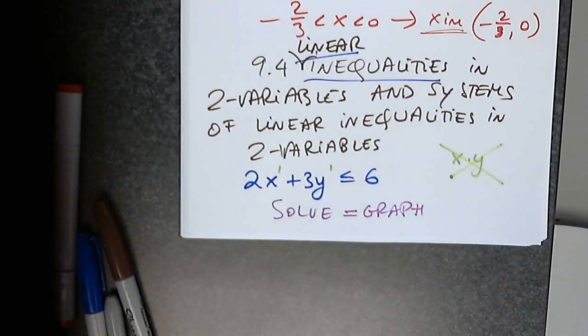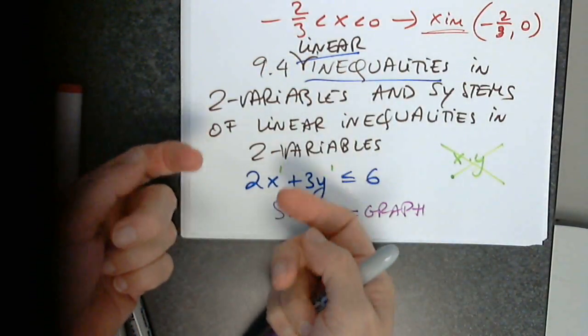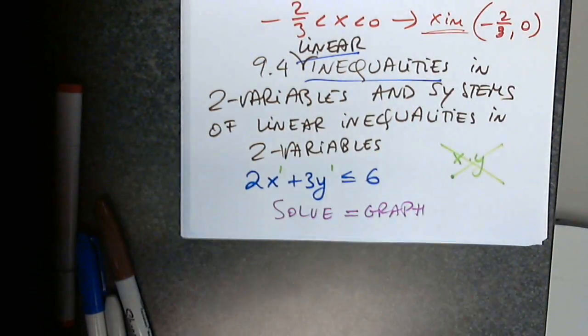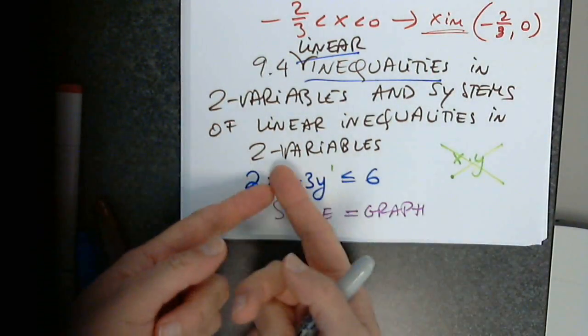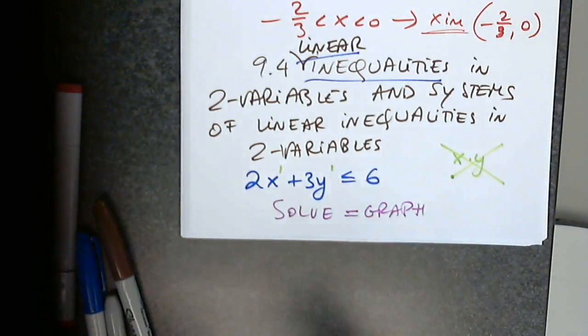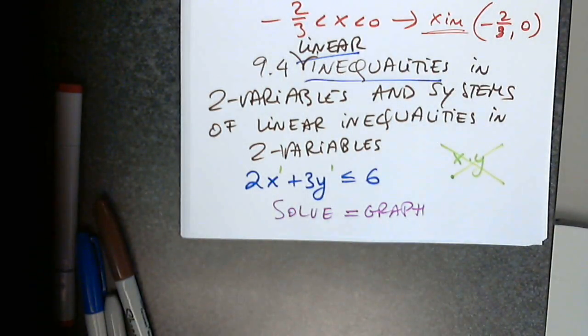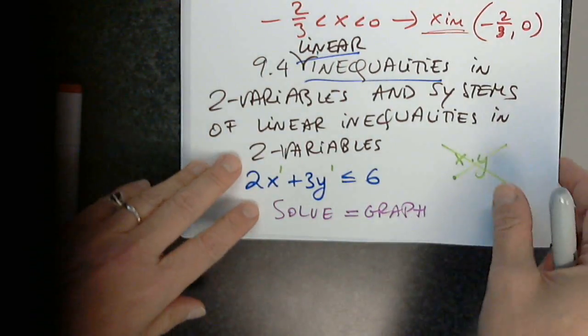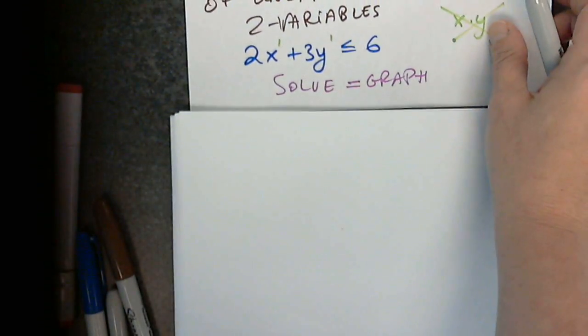But that's what it is in this particular case. So when we solve linear inequalities in two variables or systems, meaning more than one inequality, and I'm asked to solve, I have to graph. If I'm asked to graph, I solve. But that's the only way. So let's write the steps of solving.